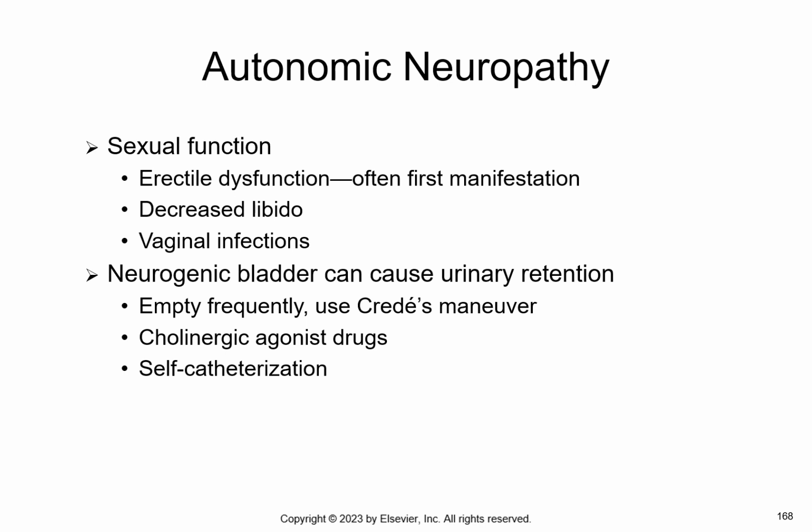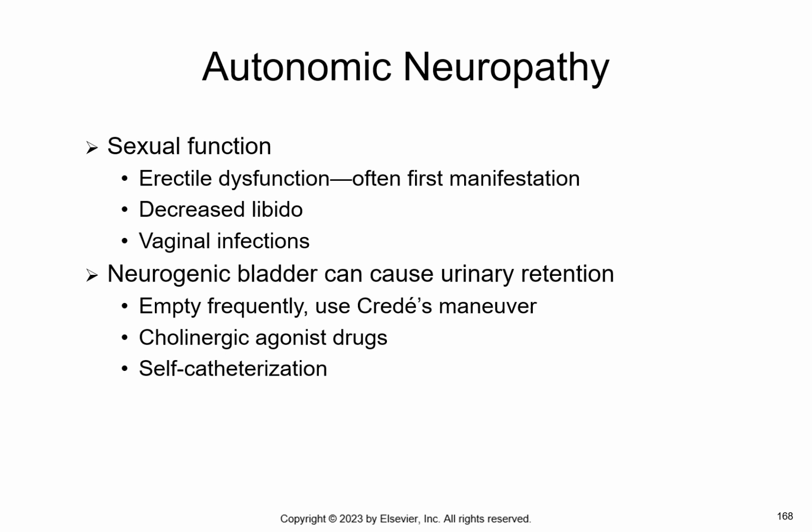A neurogenic bladder may develop as the sensation in the inner bladder wall decreases, causing urinary retention. A patient with retention has infrequent voiding, difficulty voiding, and a weak stream of urine.